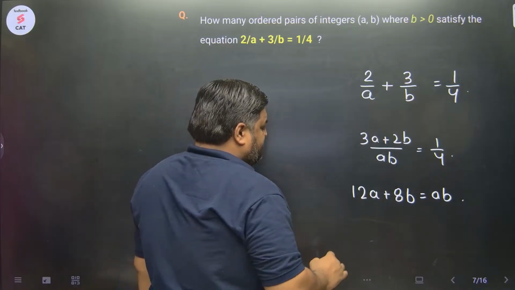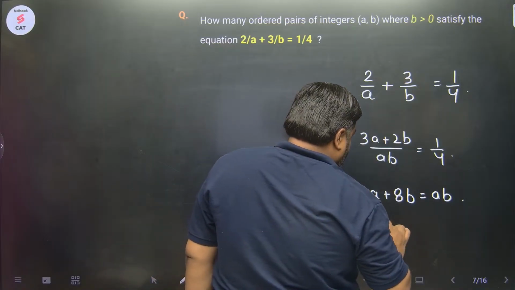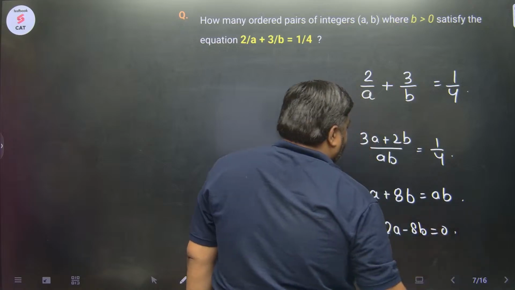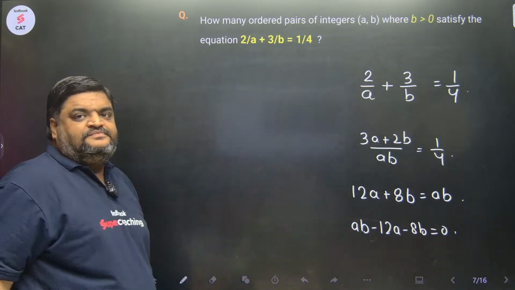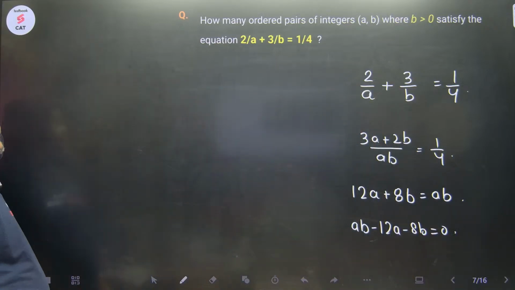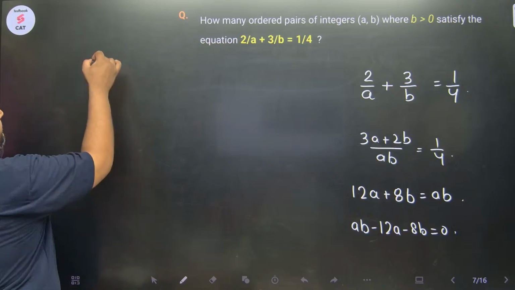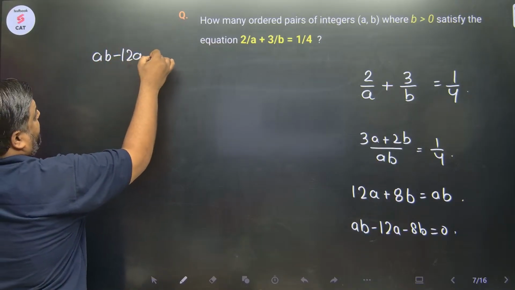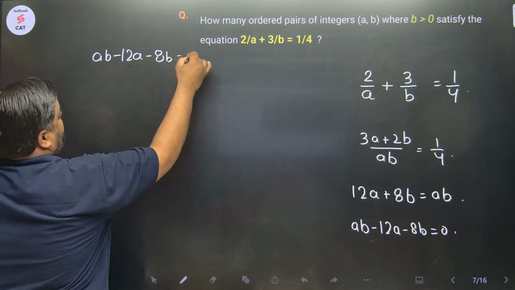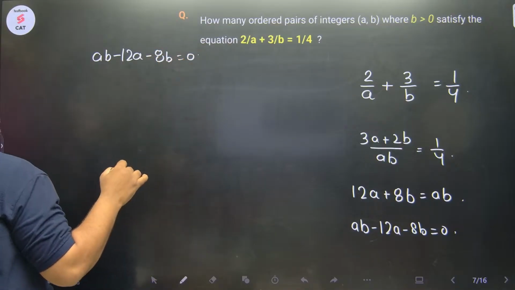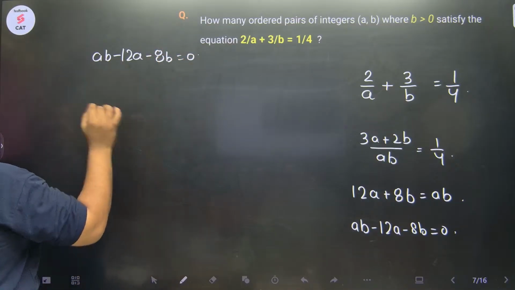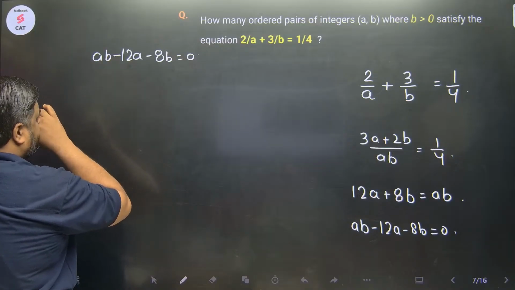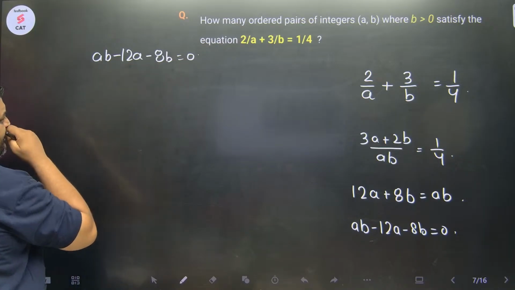Okay, this can be written as ab - 12a - 8b = 0, right? Now, guys, do focus. यहाँ पर ना, what you need to do, most of the students get confused किसके आगे क्या कर रहा है.